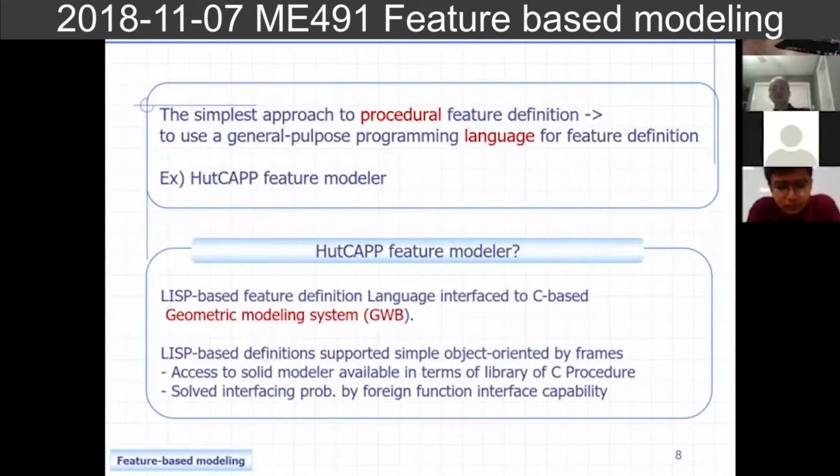So you can say this is a special purpose feature modeler specialized for CAPP. And LISP is a general purpose artificial intelligence language with object-oriented frames and allows access to the solid modeler, something similar to your access to Open Cascade, because the solid modeler or geometric modeling is the core.